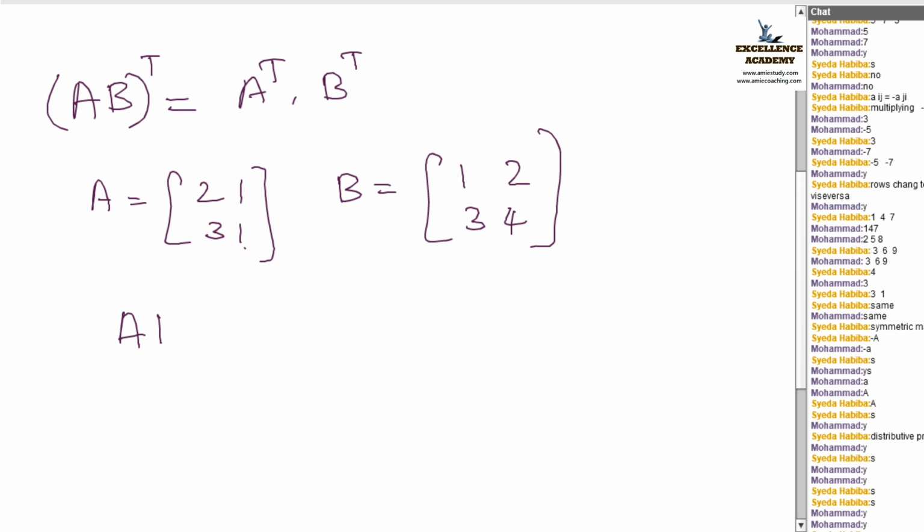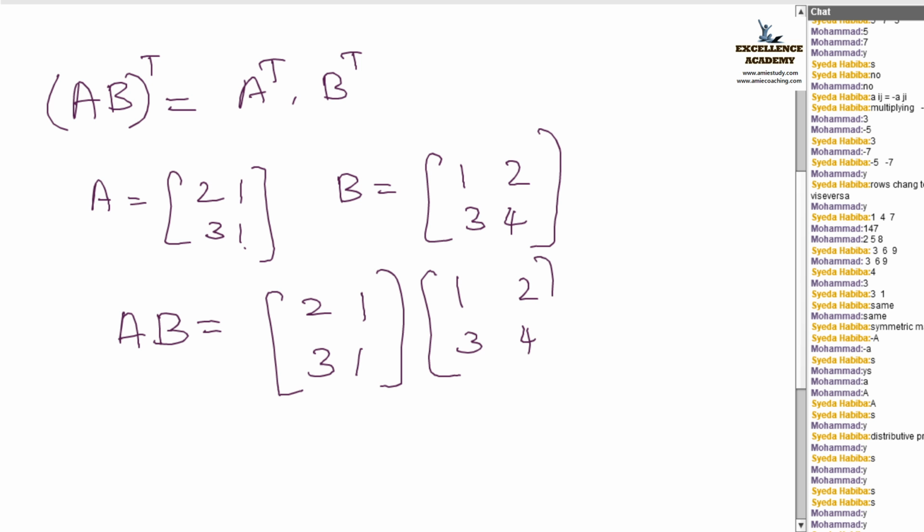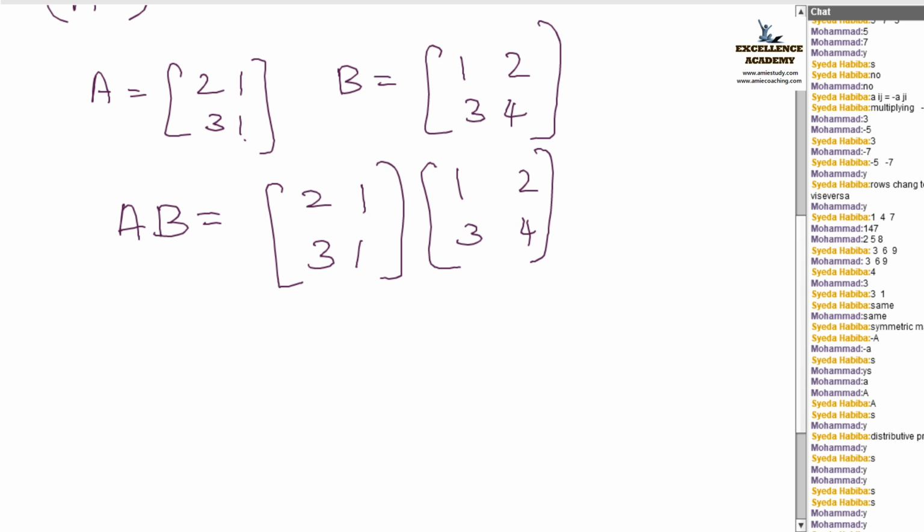Okay, I need to multiply AB. How can we do the multiplication? First write A, 2 1 3 1, into 1 2 3 4. How do you do the multiplication? It is equal to 2 into 1 plus 1 into 3.